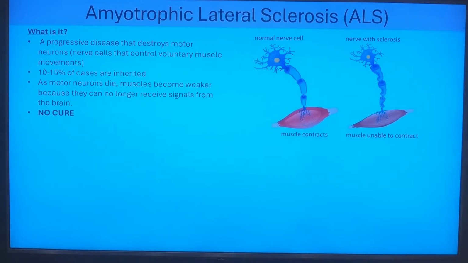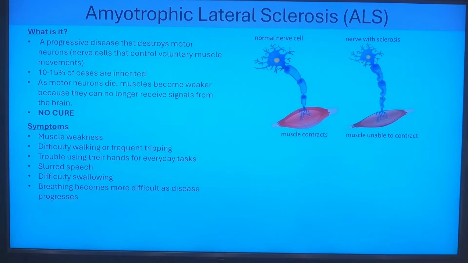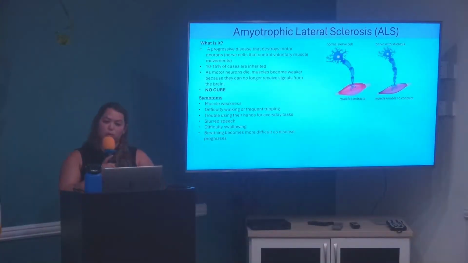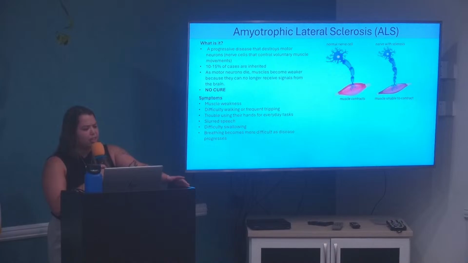As motor neurons die, muscles become weaker, because your brain cells can't communicate to those muscles, and you start to suffer muscle deterioration. There's currently no cure for this as well. Symptoms include muscle weakness, difficulty walking, frequent tripping, and trouble using the hands.